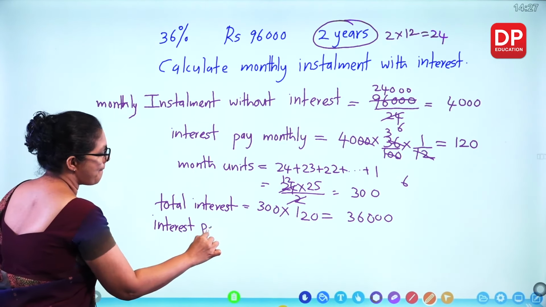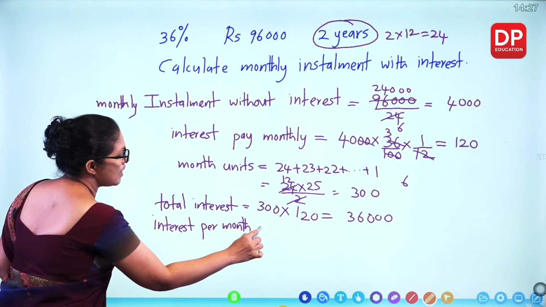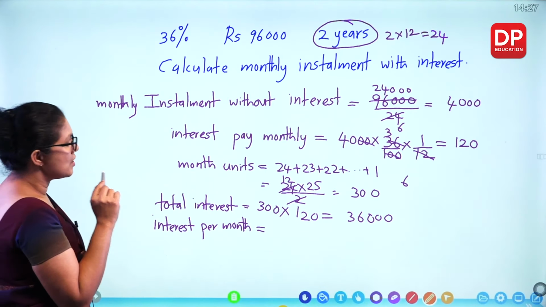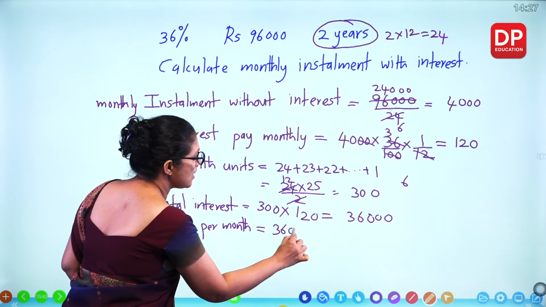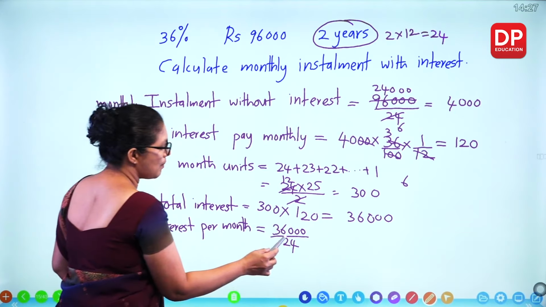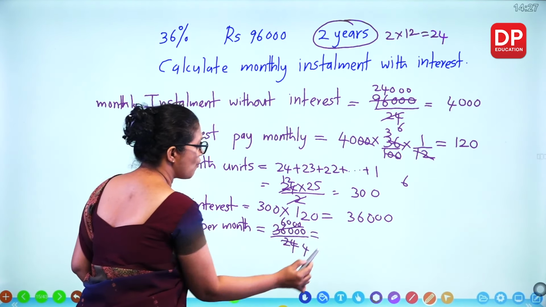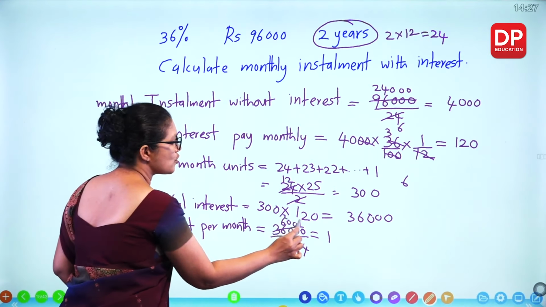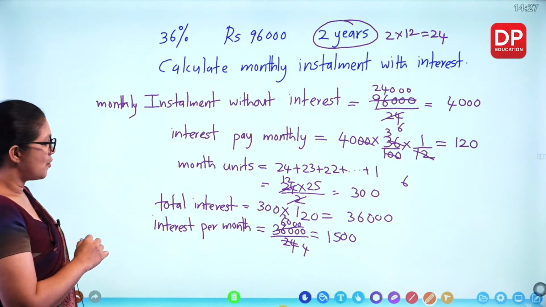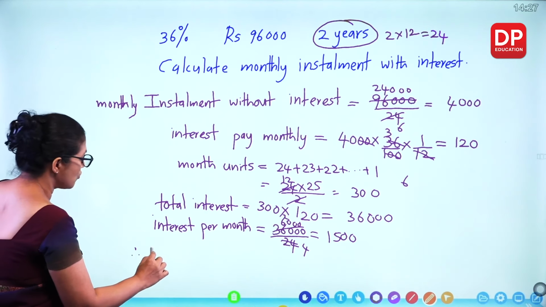You have to divide this number by 24. 36,000 divide by 24. So divide by 6 and now divide by 4. 4 times 1, 4. For 20, that's 1,500 rupees.